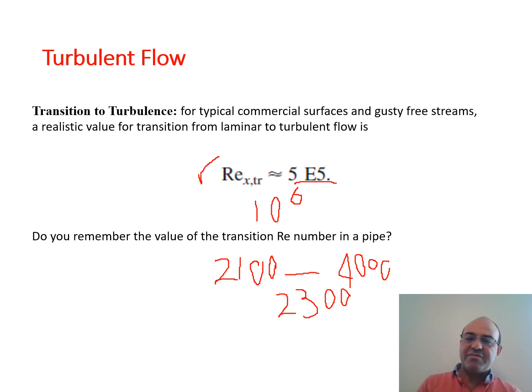So here is the same thing. Above 5 times 10 to the 5 we assume that it's turbulent. Below 5 times 10 to the 5 we assume that it's laminar. So the equations that we had based on the boundary layer theory and the Blasius solution are good for laminar flow, Reynolds number less than this number.